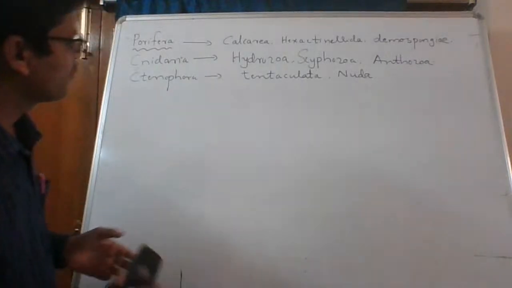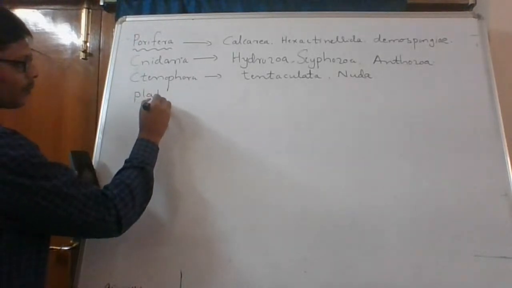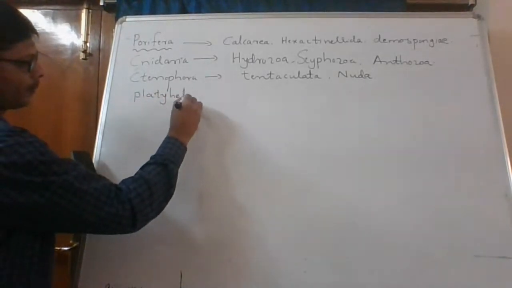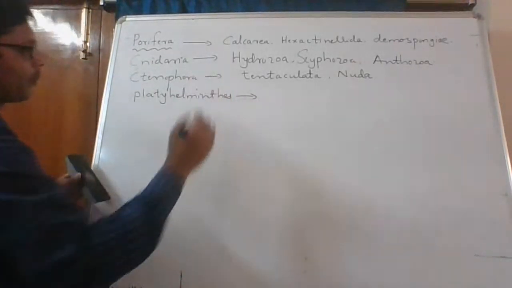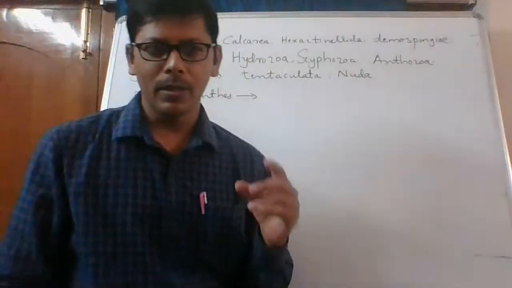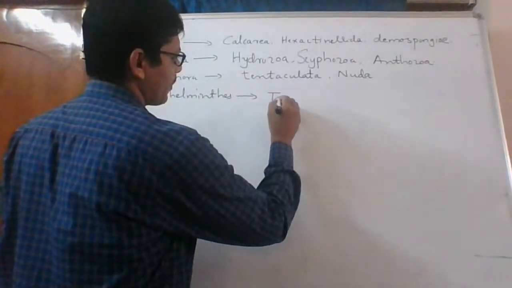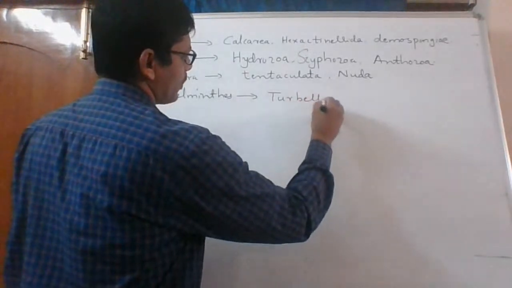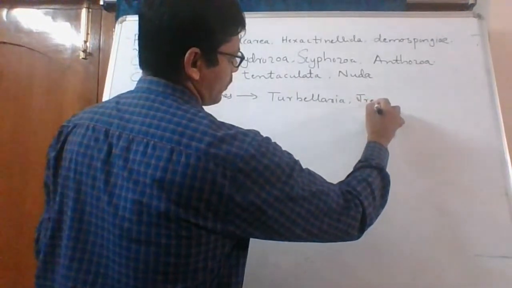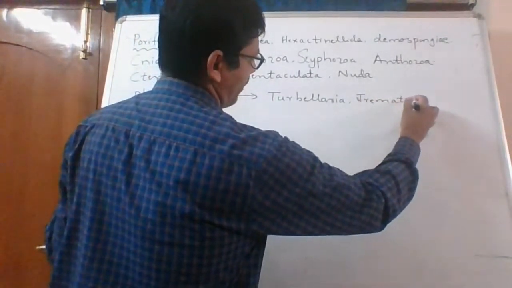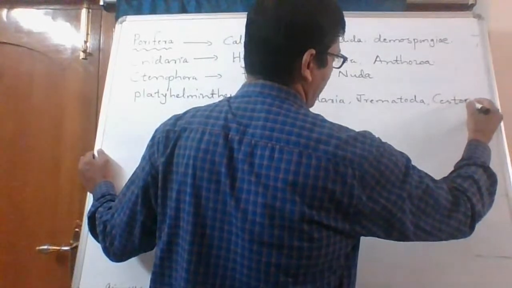Next phylum is, what is the next phylum? After Ctenophora, the next phylum is Platyhelminthes. Here the three classes are Turbellaria, Trematoda, and Cestoda.